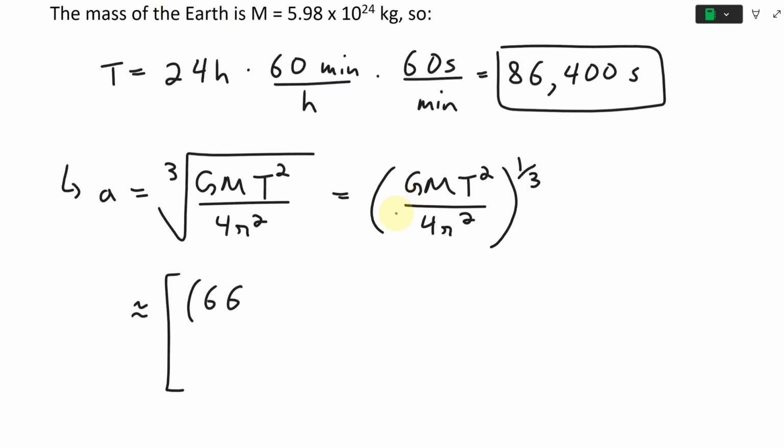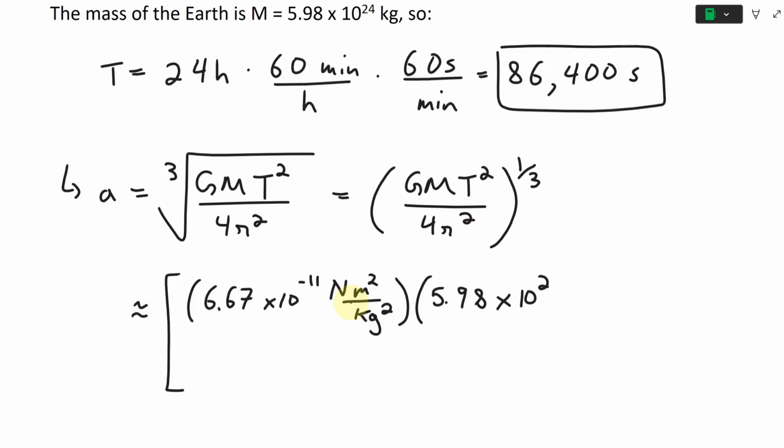6.67 times 10 to the negative 11 newton meters squared over kilograms squared. All right, and then this is going to be like that. GM, and then the mass of the Earth is 5.98 times 10 to the 24 kilograms.